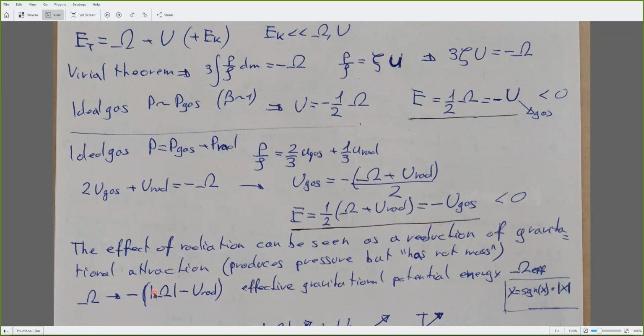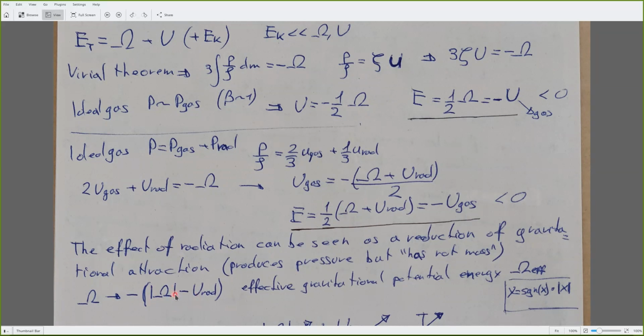We know that the potential energy is negative by definition, because the integral is going to be negative plus a constant, and we decide the constant to be 0 because we consider the potential energy to be 0 when the star is completely expanded to infinity. So it can be better written this way, taking out the minus sign and keeping the absolute value.